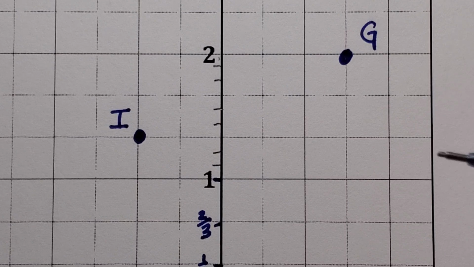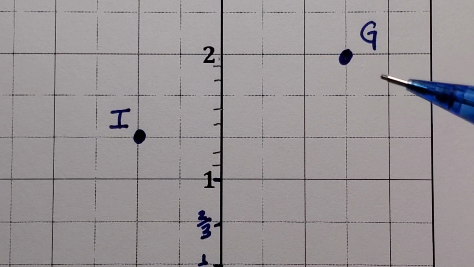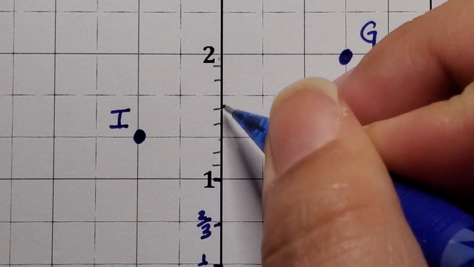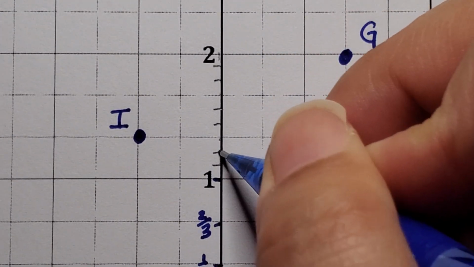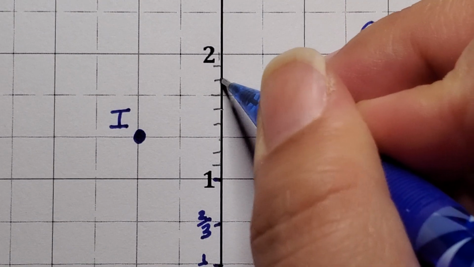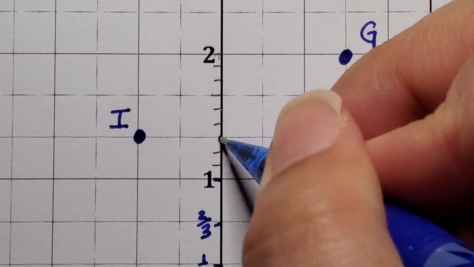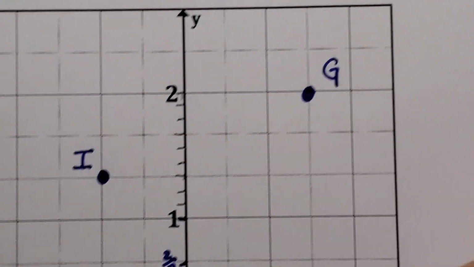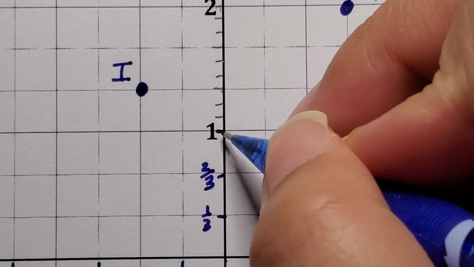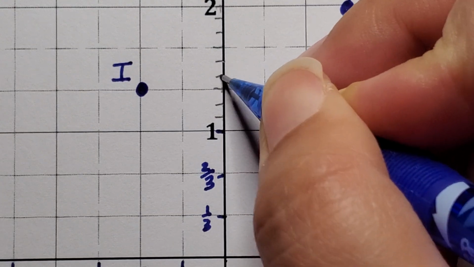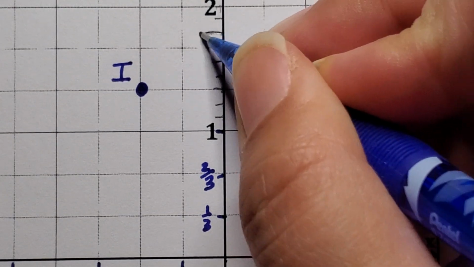And also, since I know that 9 is 3 times 3, I split each of these blocks up into 3 pieces. So if we counted, we'd have 1, 2, 3, 4, 5, 6, 7, 8, 9. We are graphing 1 7/9, so we want the 7th one. 1, 2, 3, 4, 5, 6, 7.